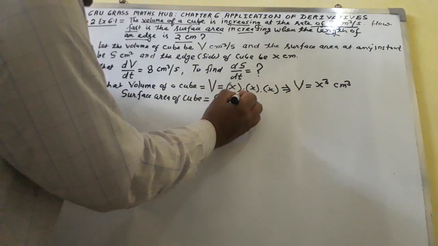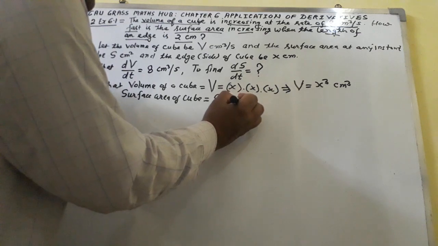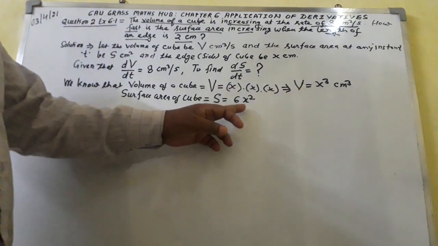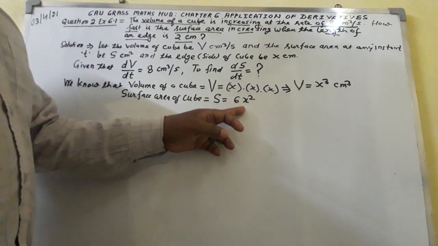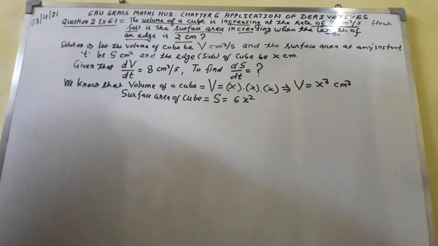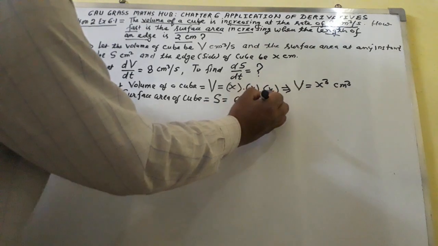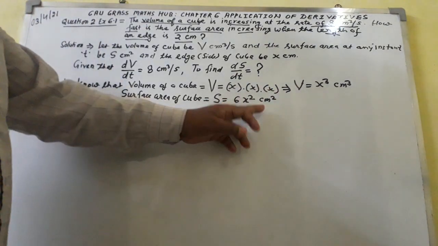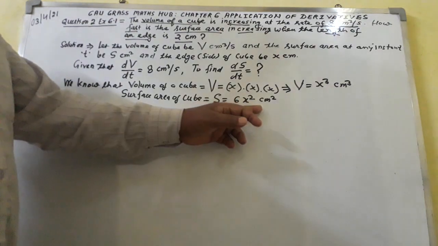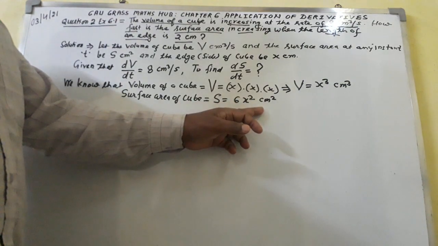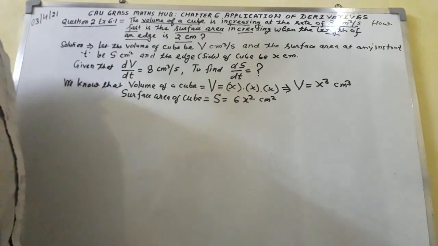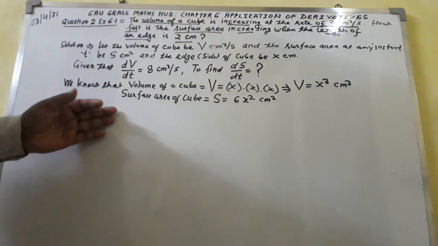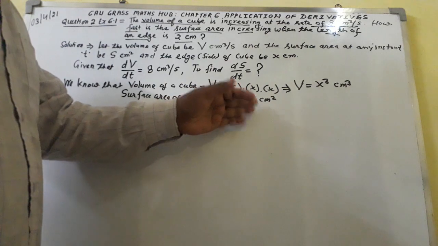So surface area of cube capital S will be 6x square, where x is the side of a cube, centimeter square. Never forget to write unit here. Never forget to write appropriate unit at the appropriate place. So we have got surface area of cube equal to this one.